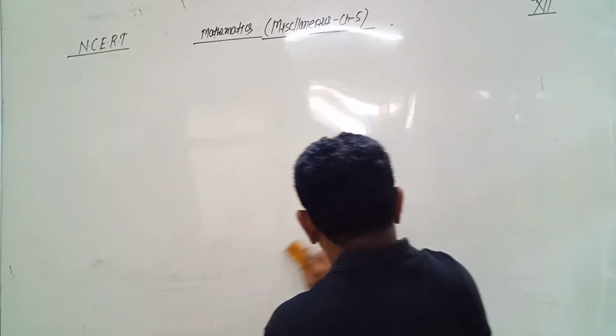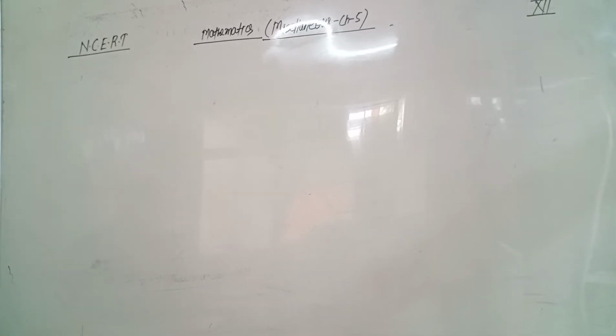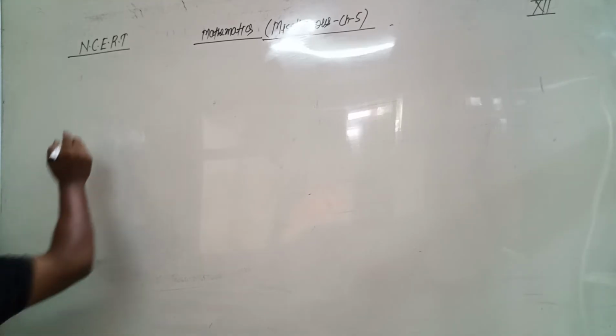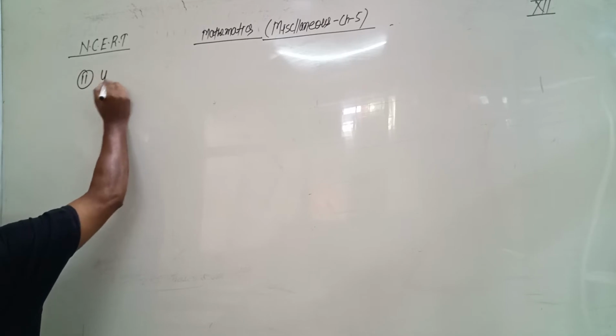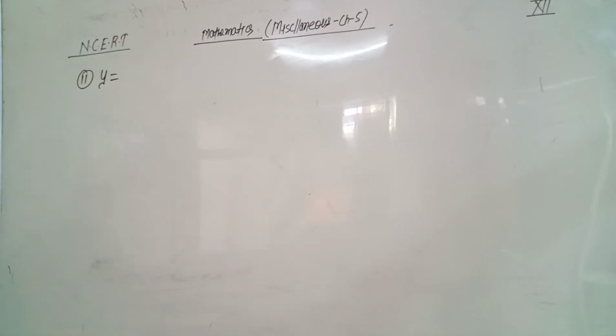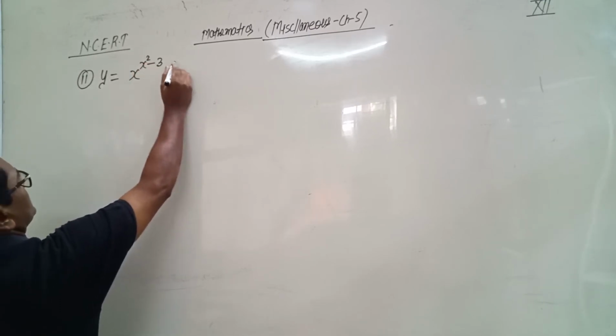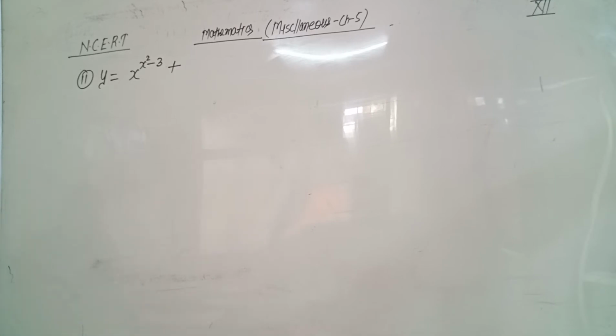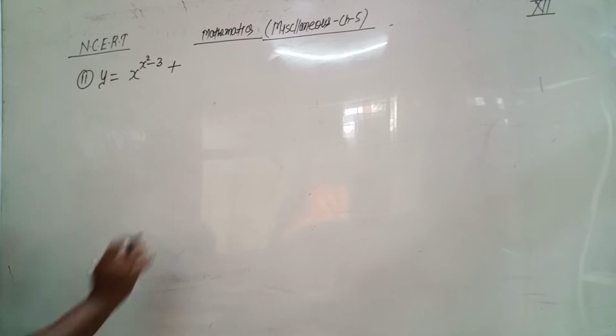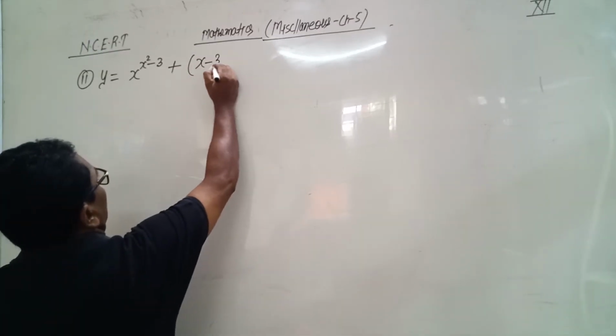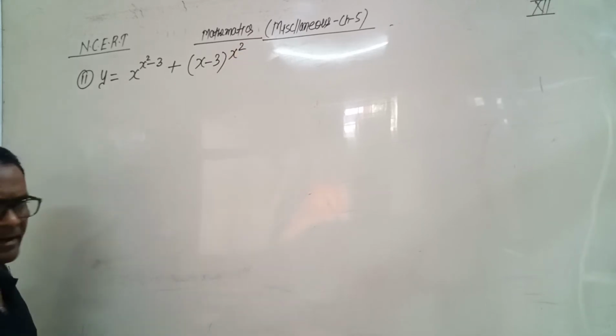Then we discuss Question number 11. y equals x raised to the power x square minus 3, plus x minus 3 raised to the power x square.